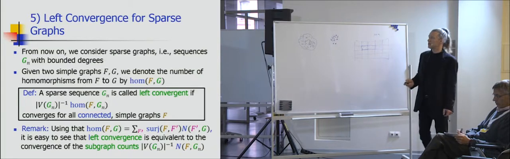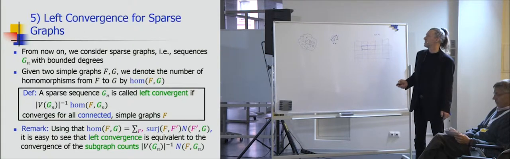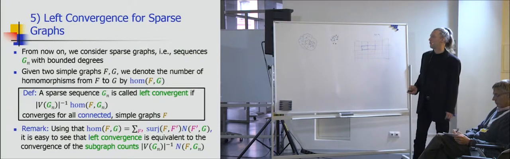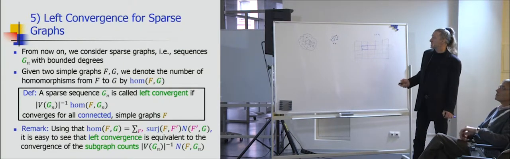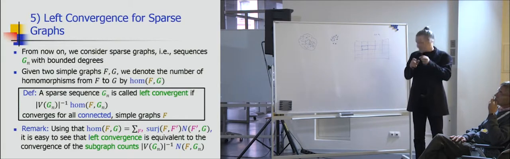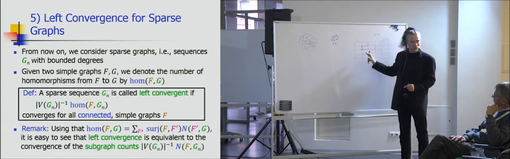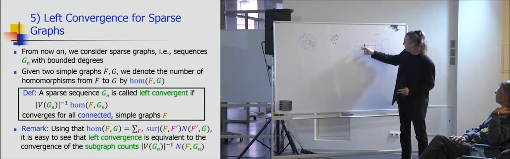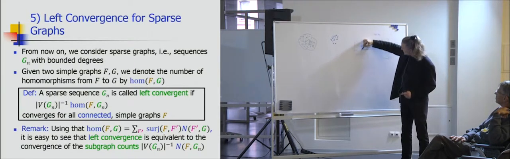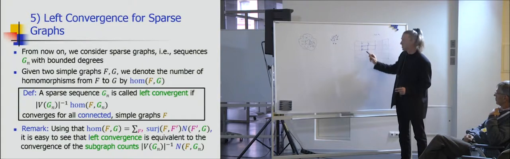And it turns out that, again, we can use inclusion-exclusion to write the number of homomorphisms in terms of the number of surjective homomorphisms and the number N(F', G), which is how often you see F' in the large graph G. If you do homomorphisms, for example, if I see this 4 cycle in here, I have to divide, because I could call this 1, 2, 3, 4, or I could call this 1, 2, 3, 4 in another order, and so on.